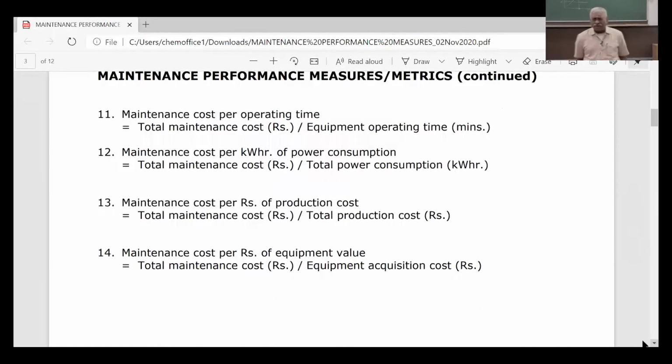take the 11th one, maintenance cost per operating time. Now this is per equipment operating time basically. So this is the total maintenance cost by equipment operating time in minutes. Now do you agree we will have logged equipment operating time per equipment? Yes, sir. In your documentation you will keep that.